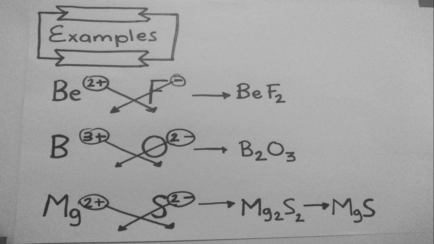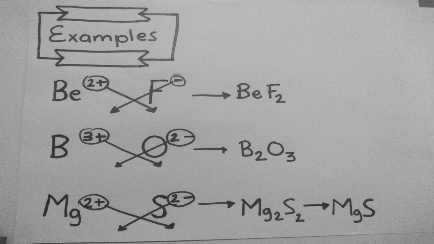Now we're going to name these 3 different ionic compounds. The first step for naming ionic compounds was to name the cations. For the first example, we have beryllium. For the second example, we have boron, and the third example, we have magnesium. The second step is that we're going to change the last part of the name of the elements.